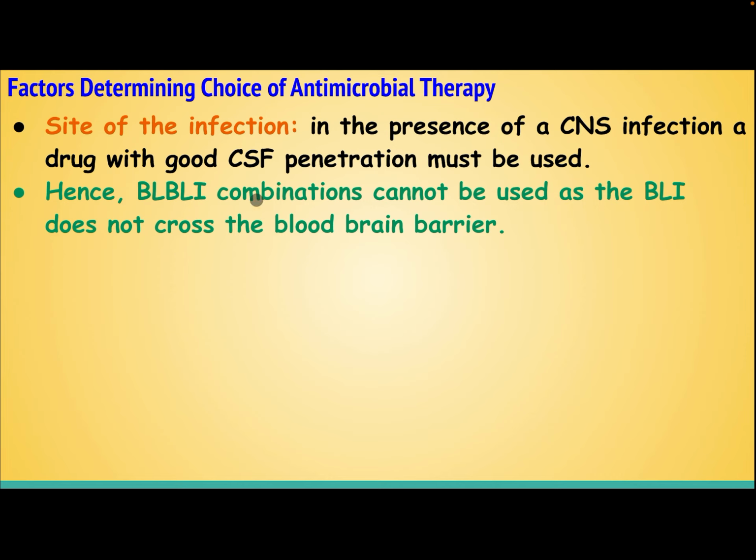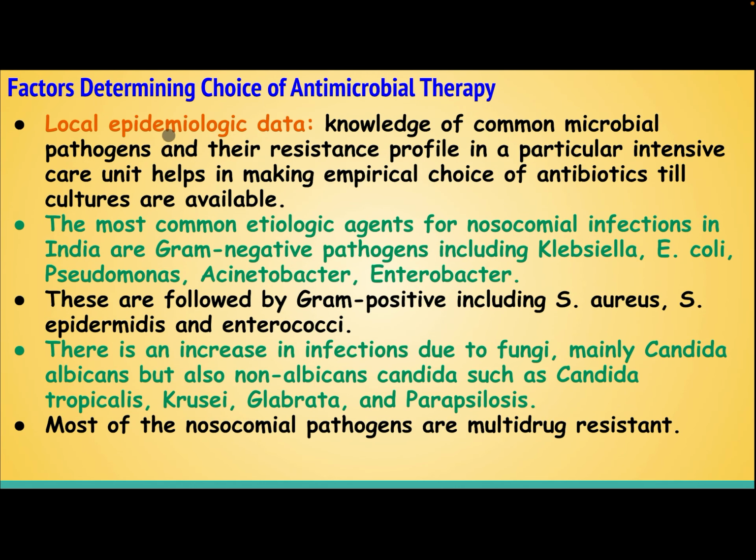Hence, beta-lactam beta-lactamase inhibitor combination cannot be used, as the beta-lactamase inhibitor does not cross the blood-brain barrier. Local epidemiological data, knowledge of common microbial pathogens and their resistance profile in a particular intensive care unit, helps in making empirical choice of antibiotic till cultures are available.